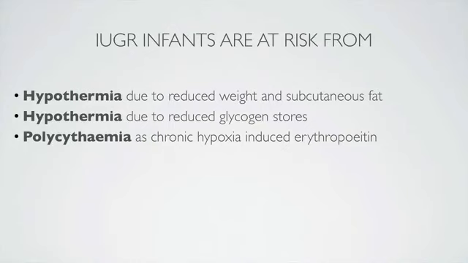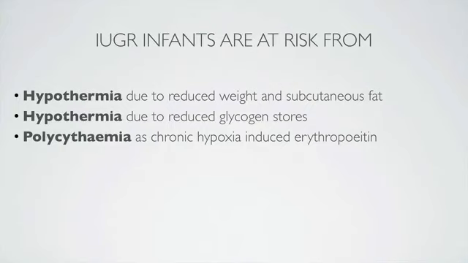So why do we worry about intrauterine growth restriction? We worry because these babies are very small and they're at risk of many complications. They're at risk of getting cold, so hypothermia, because they're small and they have reduced subcutaneous fat. They are at risk of hypoglycemia, and I've realised that we have spelt that wrong.